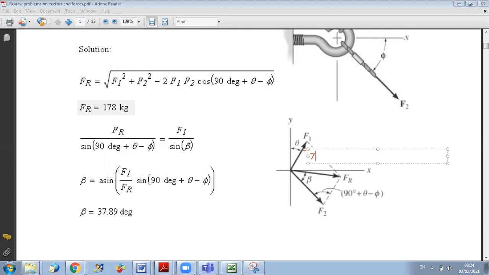We already know that this angle is 75 degrees. And we know the length of F1, and we know the length of FR, but we still need to define the direction of FR. To define the direction of FR, we should find its angle with one known direction. So here first, if I can get this angle here.